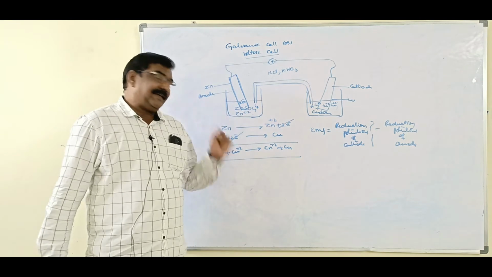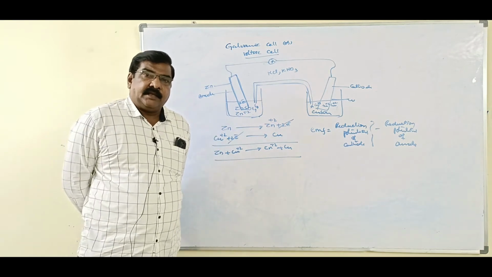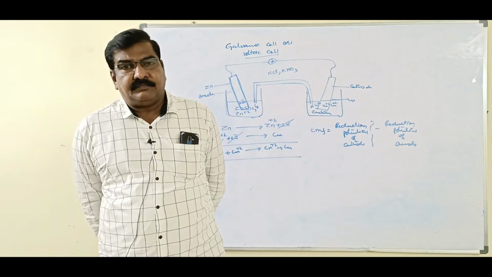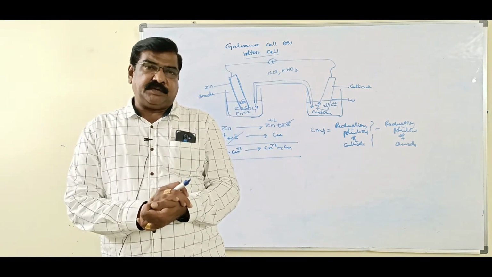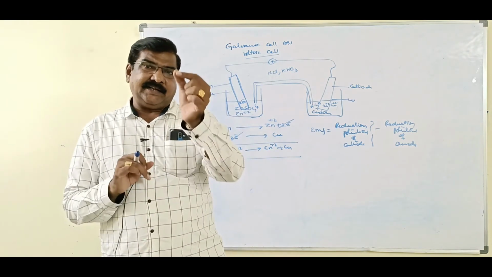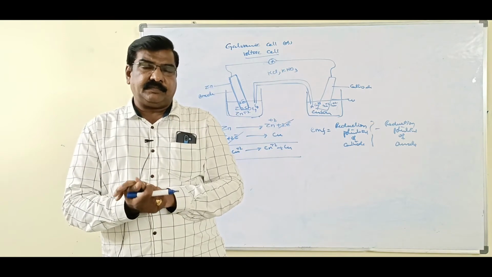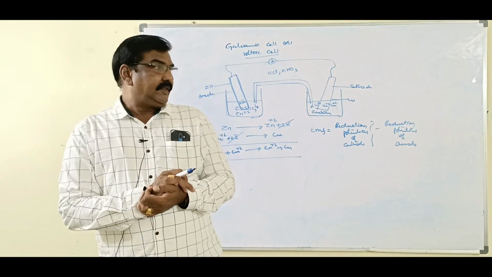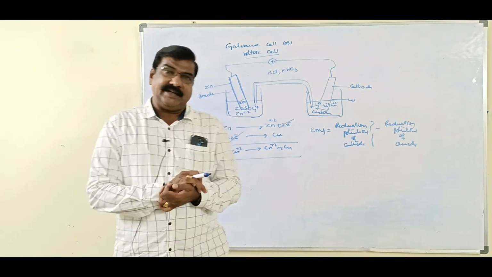Under standard conditions, that is, at 298 Kelvin and 1 atmosphere pressure, the reduction potentials of different electrodes are calculated with the help of the standard hydrogen electrode.